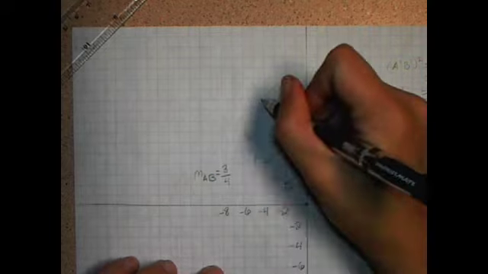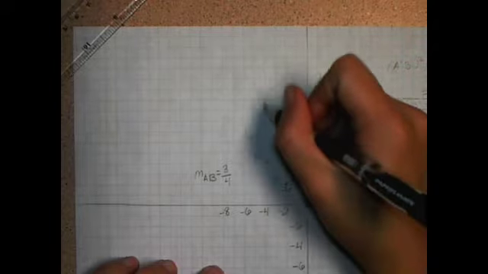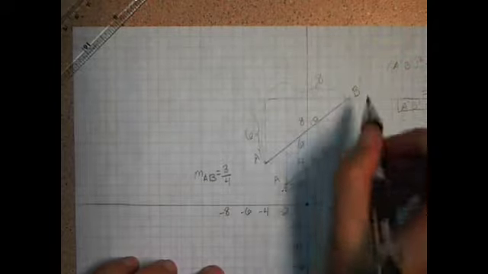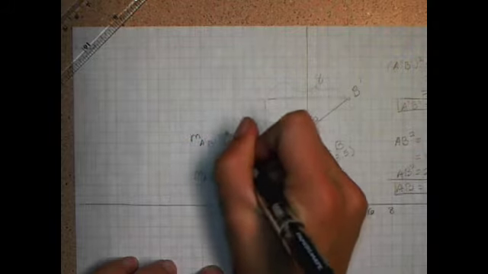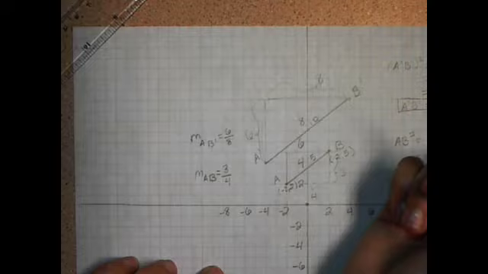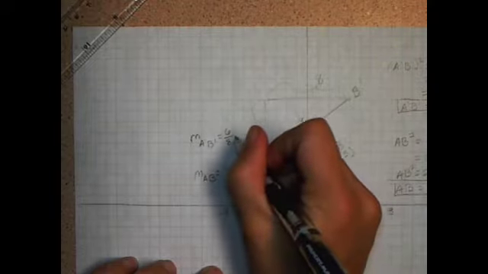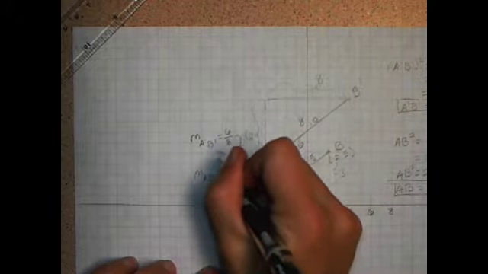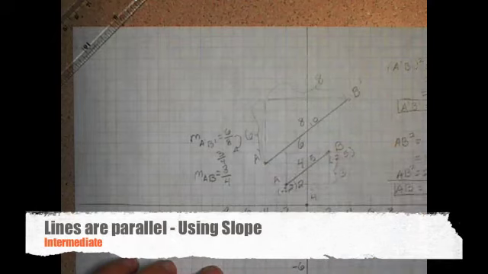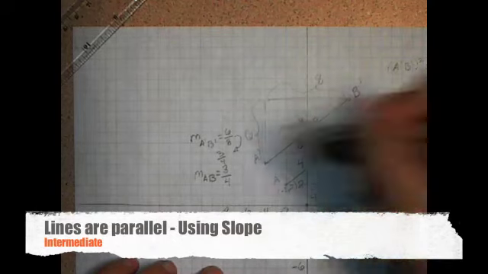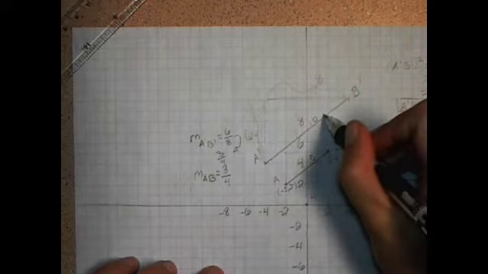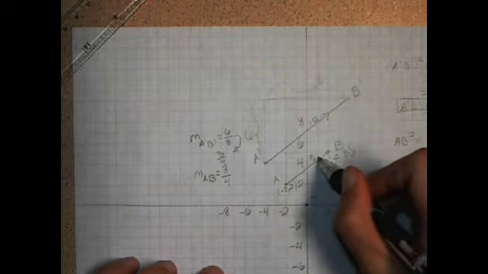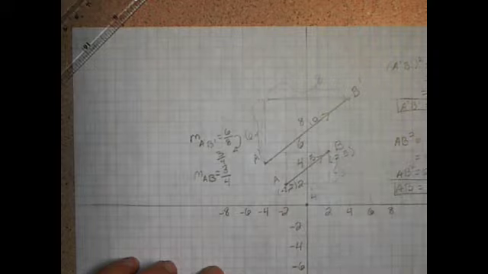And the slope of A prime B prime, I went up 6 over 8. And I can see that that's going to reduce to 3/4. And since the two slopes are equal, then I know the two lines are parallel, and I can add a parallel marking to the lines. So that's marked on my diagram.